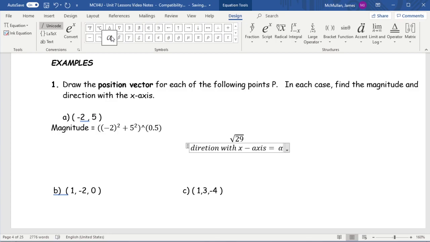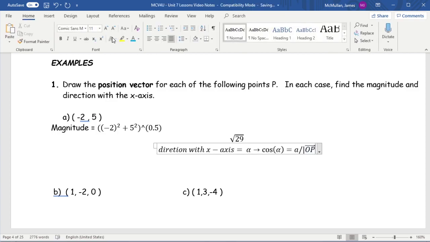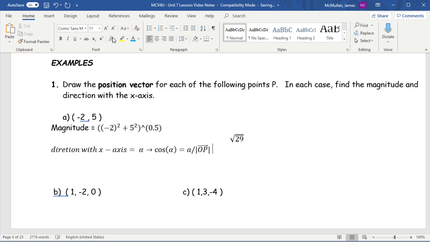Alpha is equal to, okay, so to get alpha, you say cos of alpha is equal to the x-coordinate, which is a, divided by the magnitude, which is the magnitude of vector OP. Okay?